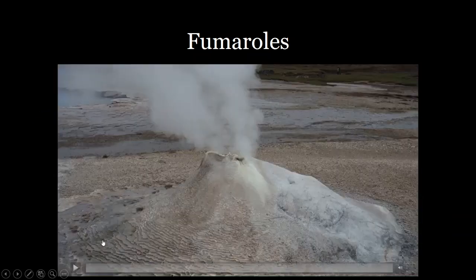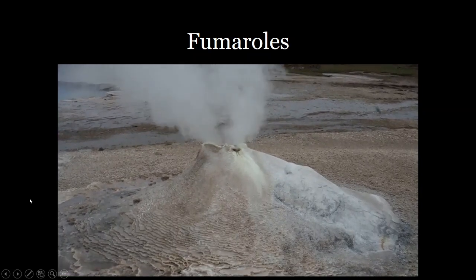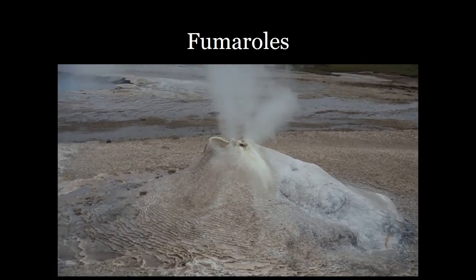Here's an example of a fumarole that I witnessed in Iceland. Let's take a look. Yeah, so you can see there the large amount of steam that comes out. These can sometimes be very loud features as the gas that seeps out causes a cacophony.